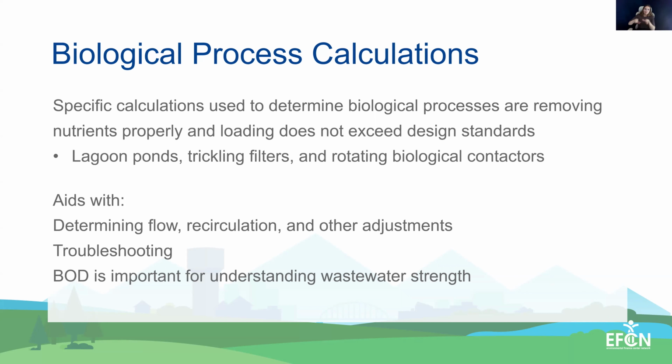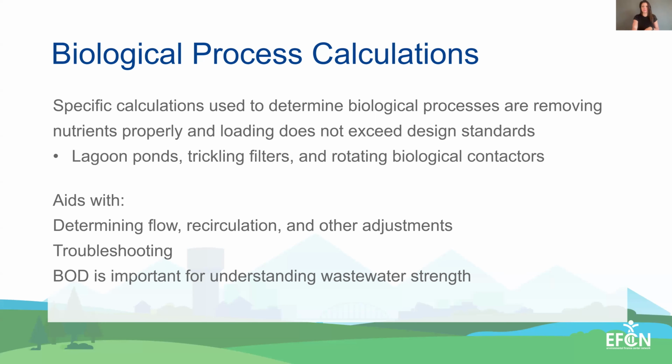For this section, we're going to be specifically talking about biological processes like lagoon ponds, trickling filters, and rotating biological contactors, or RBCs. These calculations help determine how much flow should be going through these processes, what recirculation rates you might need, as well as other adjustments, including troubleshooting when you have a problem.